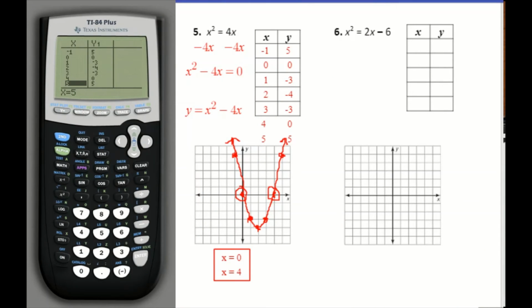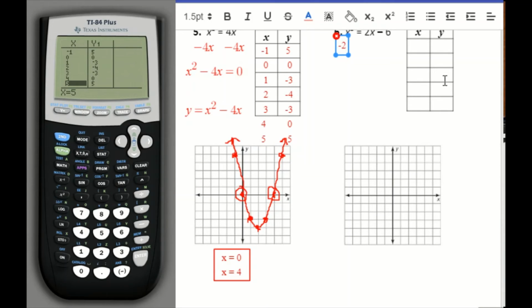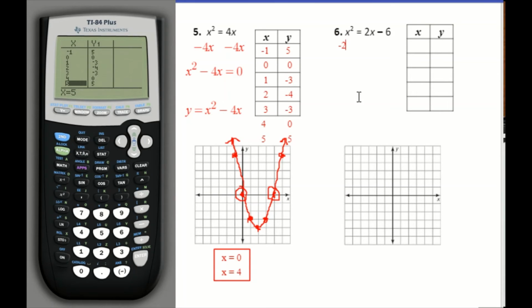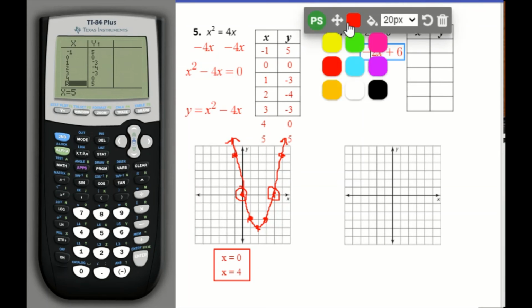Okay, so once again, we got to move everything to one side. So we're going to subtract 2x, and we're going to add 6 to both sides, and that's going to allow us to set this thing equal to 0.